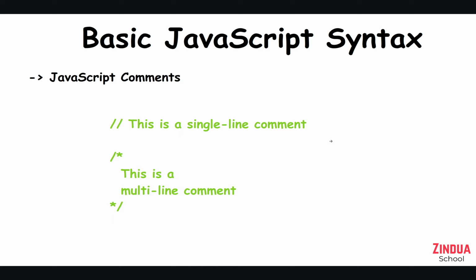So maybe you can write something like this is printing something out, or this is doing something. And we have two types of comments. We have a single line comment: you just add 2 slashes and then your comment. And for multiple line comments, you add a forward slash, asterisk, the comment, and then asterisk and the closing slash like that. These will not be executed by your computer.